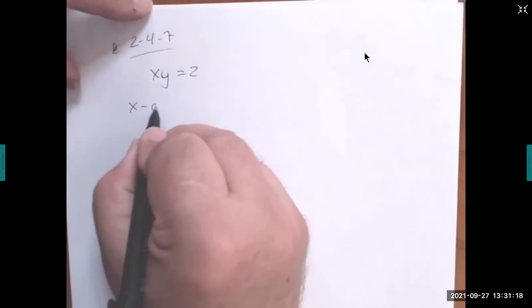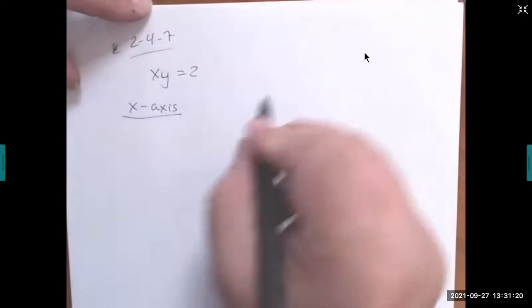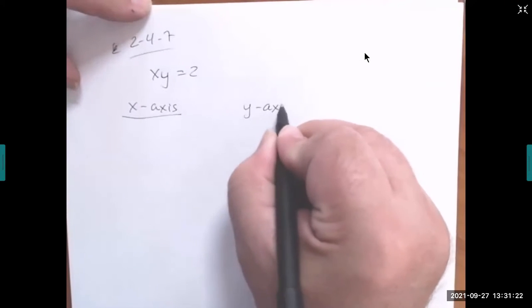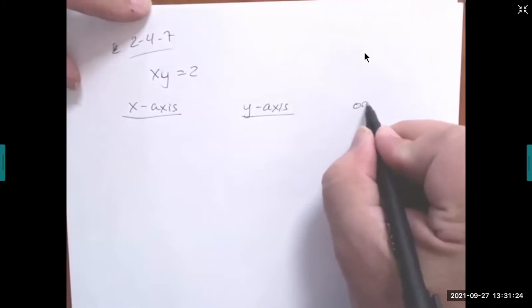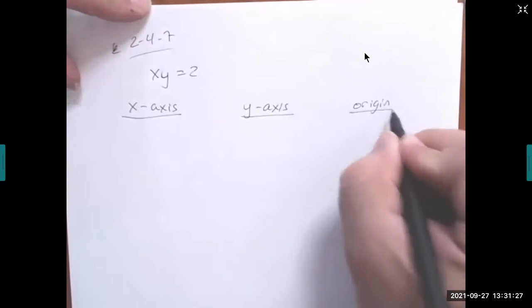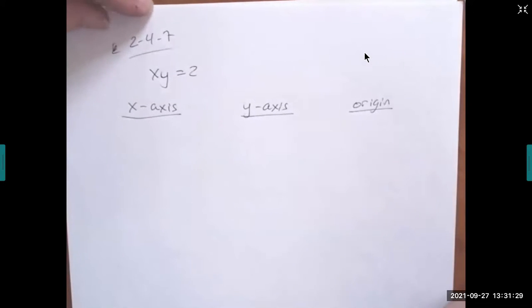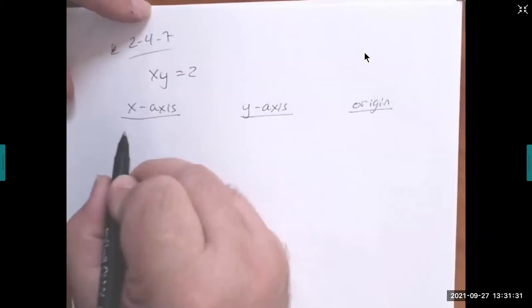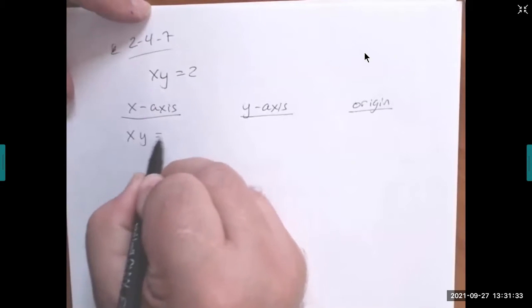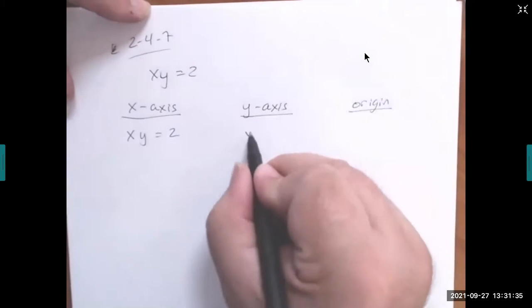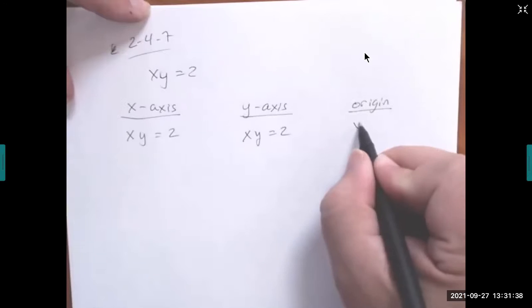Let's try across the x-axis, the y-axis, and the origin. xy equals 2. That's the same for all of them. That's the original one.